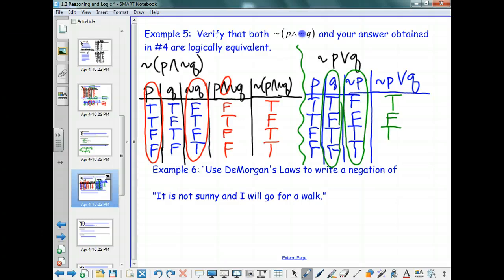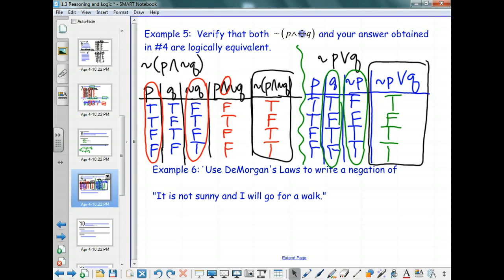And false or true is true. And if you look at the last column in both of these, what do you notice? They're exactly the same. And if you created the problems and we did the truth tables properly, they should be the same because they're supposed to be logically equivalent.